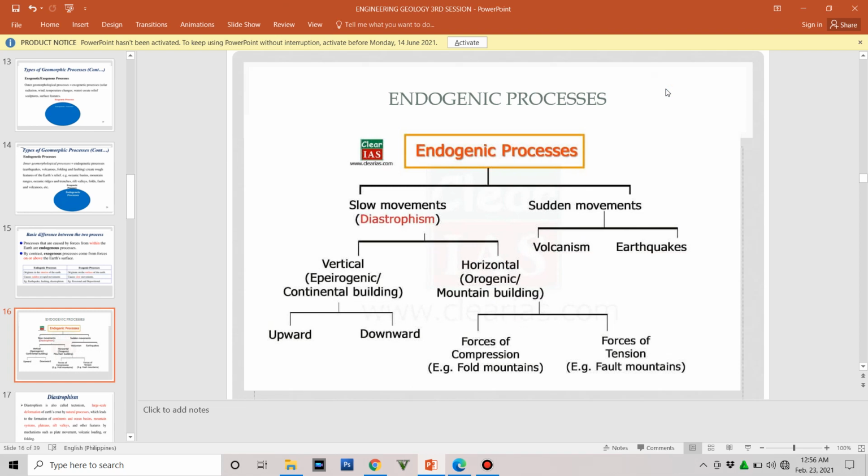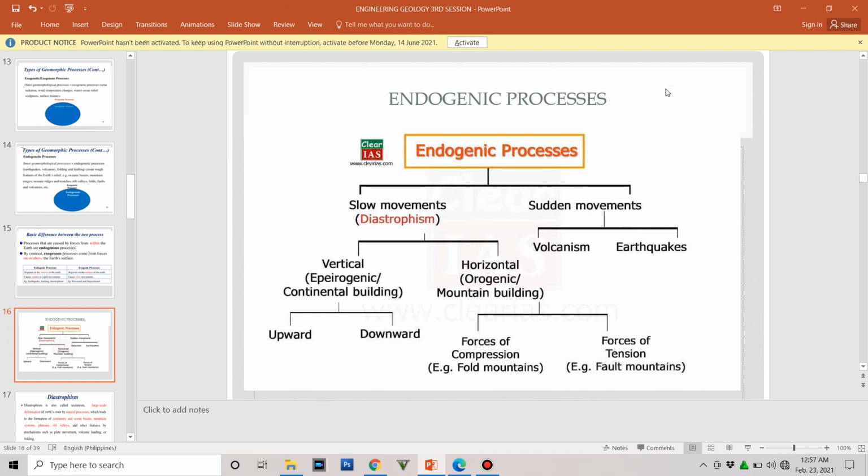So, diastrophism could be either vertical movements or horizontal movements. It is termed na yung sa vertical is EPEIROGENIC, or the building of the continents. And when we have a horizontal movement, it is orogenic, or the building of mountains. So, mountain formation yan. Okay?